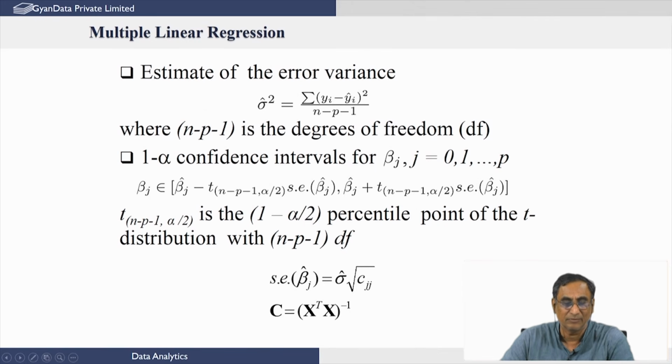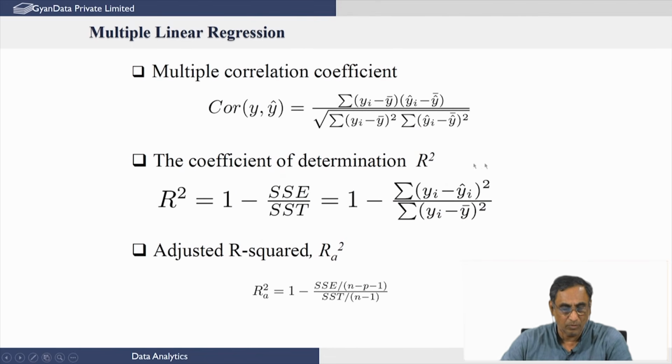Now, the confidence interval can later be used for testing whether the estimated parameter beta is significant or insignificant, as we will see later. We can also compute the correlation between y and y hat, which tells you whether the predicted value from the linear model closely resembles the measured value.